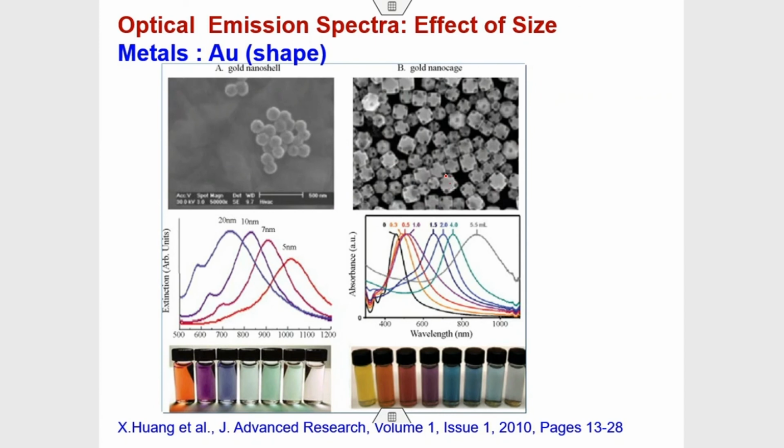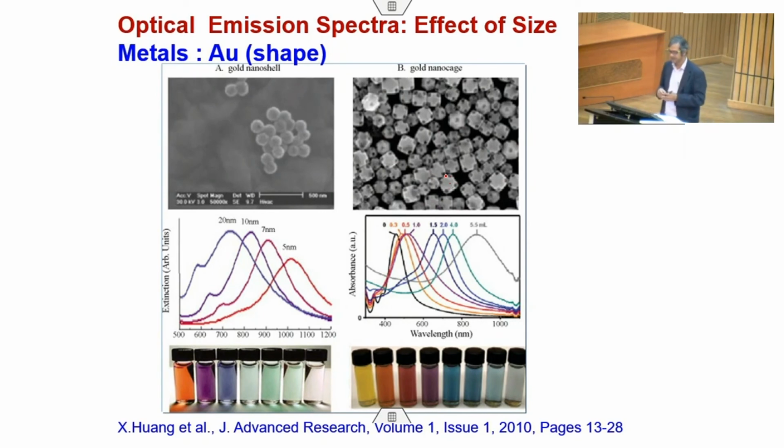All are because of this surface plasmon resonance, or the interaction of these surface electrons with the alternating field of light, the magnetic and electrical field of light, which is very clear and understandable and can be explained in different ways.